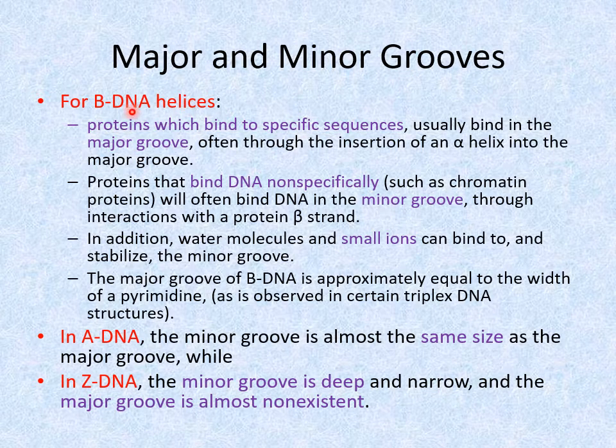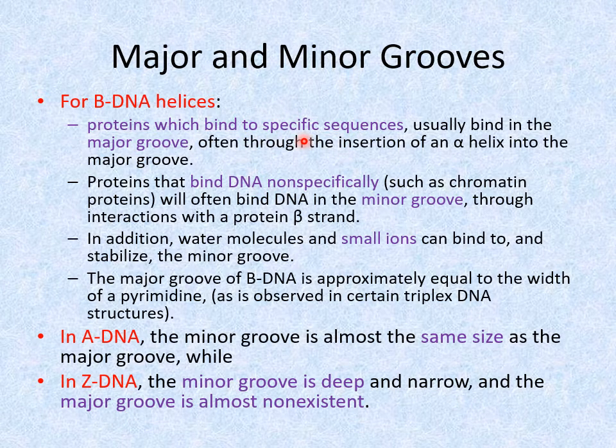Now, the three conformations, the A, B and Z, they differ in the dimensions of these major and minor grooves, and also the role. In B-DNA helix, we know there are clearly defined major and minor grooves.